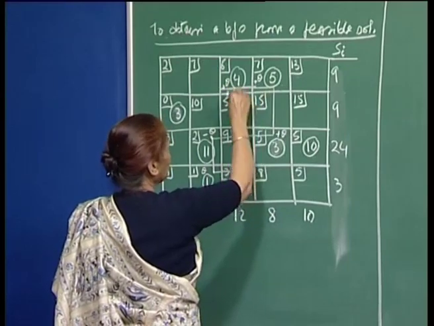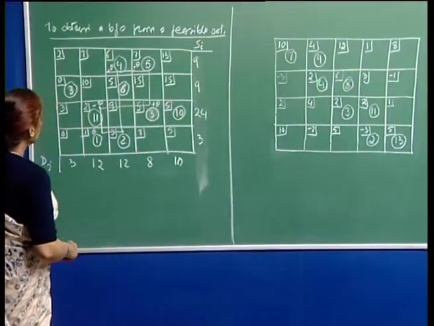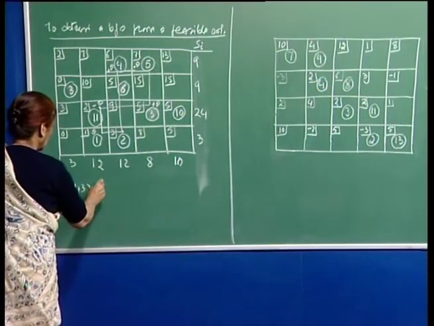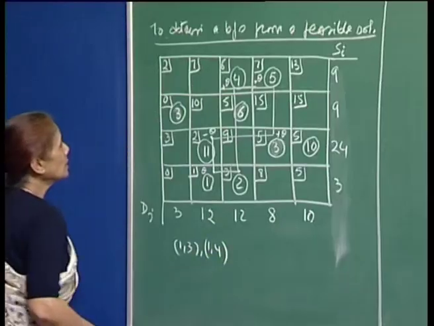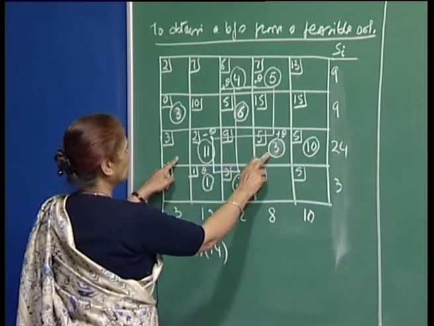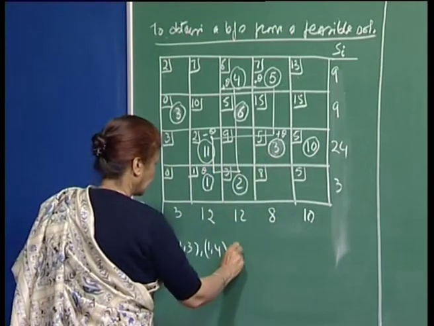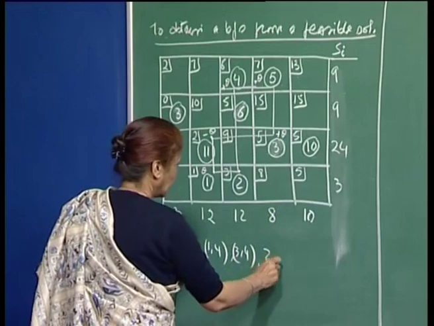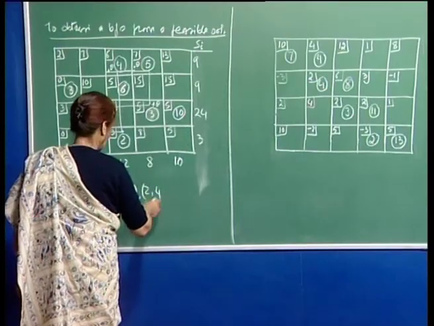So, the theta loop that you have consists of the cells 1, 3, 1, 4, right, and then here this one is 1, 2, 3, 4. So, 3, 4, and then 4, 2.